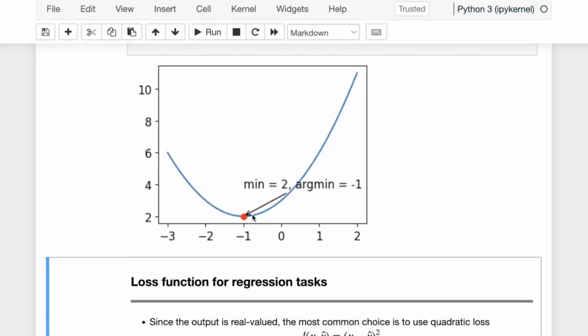The minimum value is 2, the minimum value of this blue function, but the argmin is -1, because the value of -1 leads to the minimum value, which is 2. So that's something you always have to keep in mind when you're working with machine learning models. We really want to find the argmin with respect to the model parameters to know what model parameters give us the lowest disagreement between true and predicted outputs.